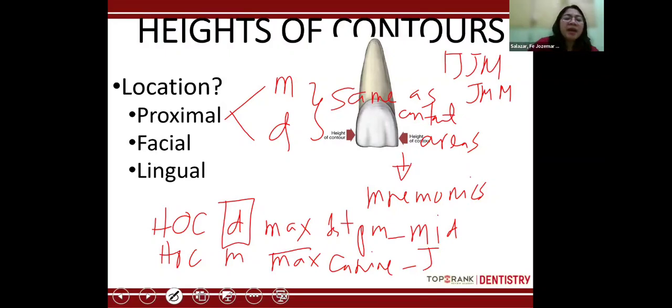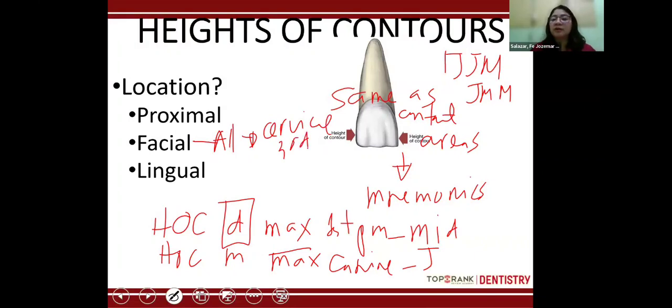Okay, now, paano naman pag facial? Facial height of contour. Saan naman siya located? For all teeth, nasaan ang facial height of contour? It's at the cervical third. Huwag malilito. Pag contact areas, hindi pwede sa cervical third. Ang contact areas, mesial at distal lang. Okay?